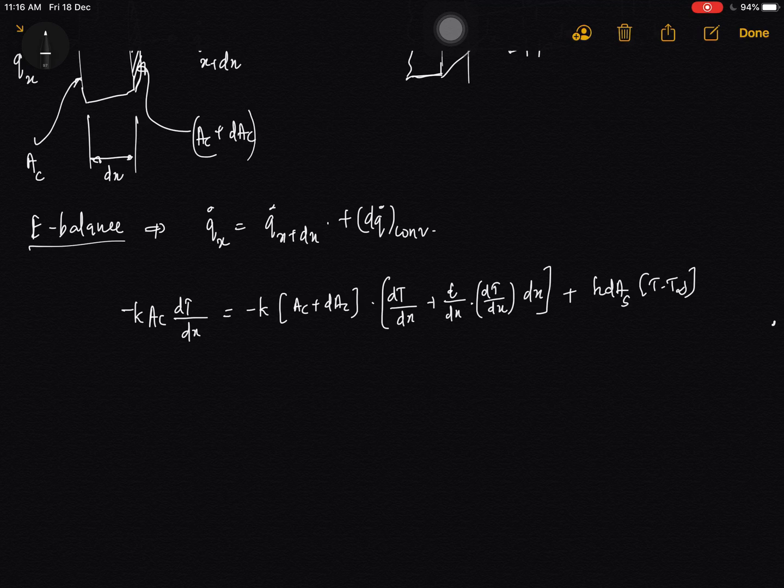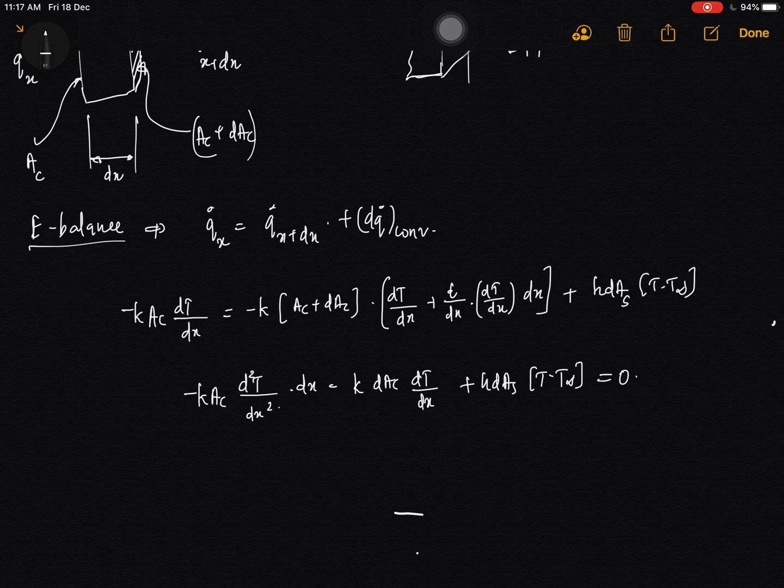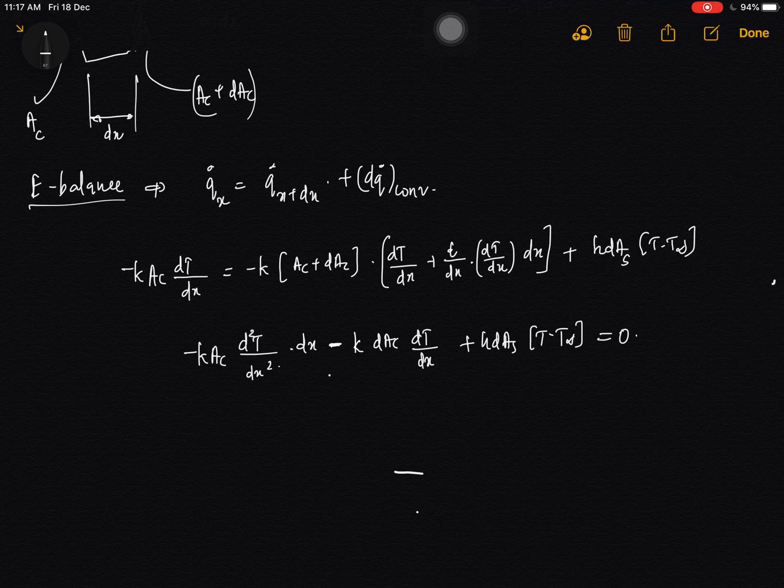This is the expanded form of the energy balance, and we can rewrite this equation by cancelling and neglecting higher order terms: minus k Ac d²T/dx² into dx minus k into dAc dT/dx plus h into dAs (T minus T infinity) equals 0.